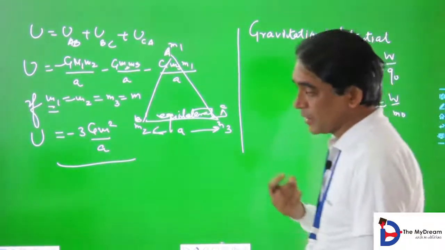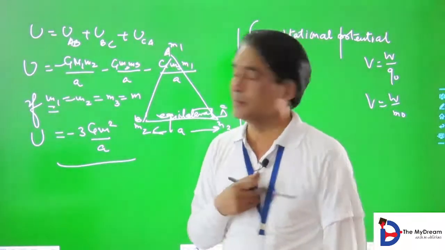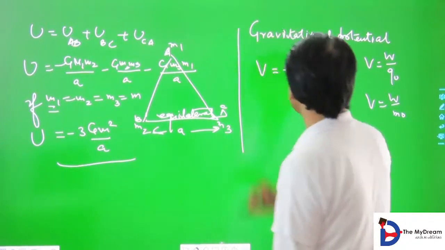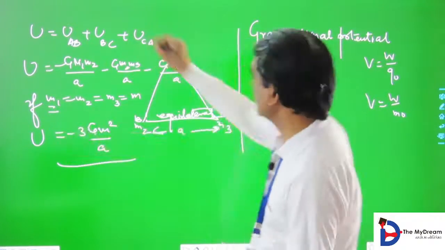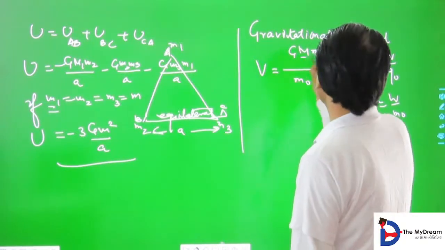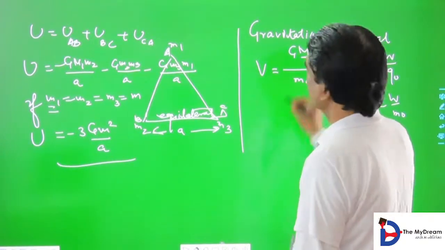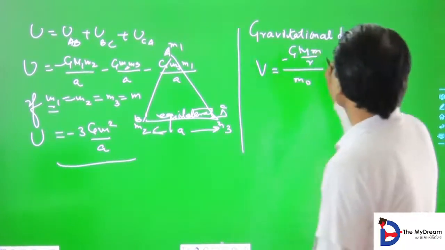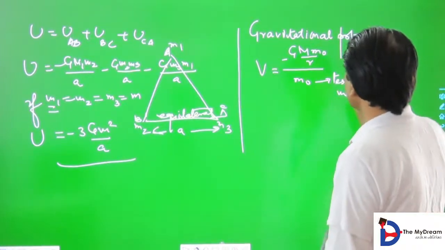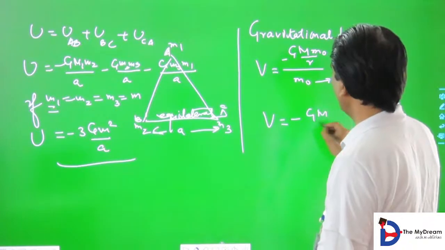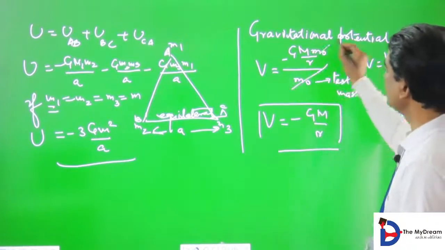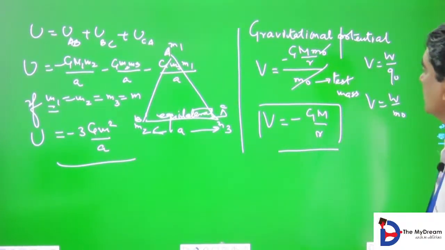The amount of work required to bring a unit mass substance, and this is M naught. The gravitational potential energy is given by GMm by R. This is the test mass. So it can be written down as GMm by R.